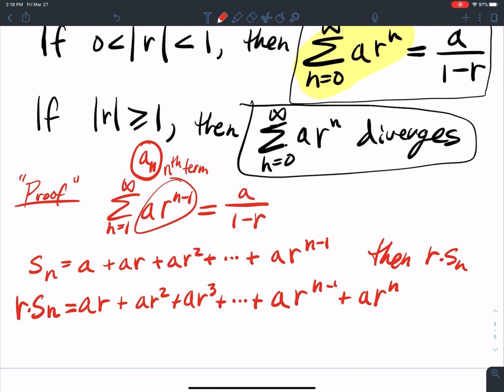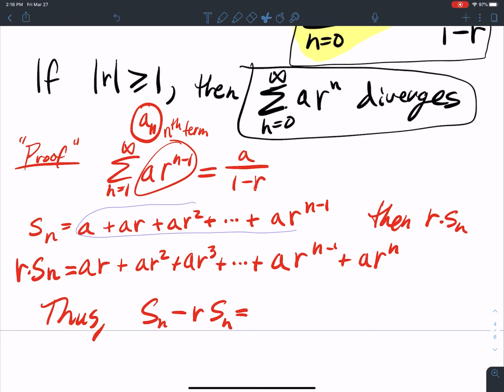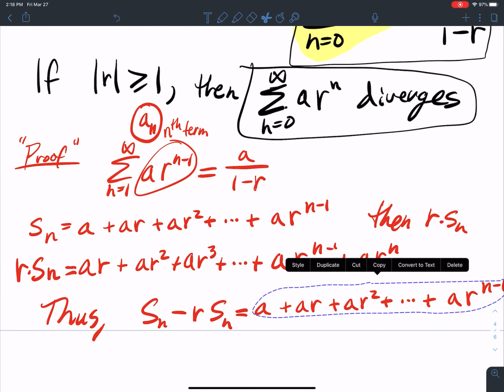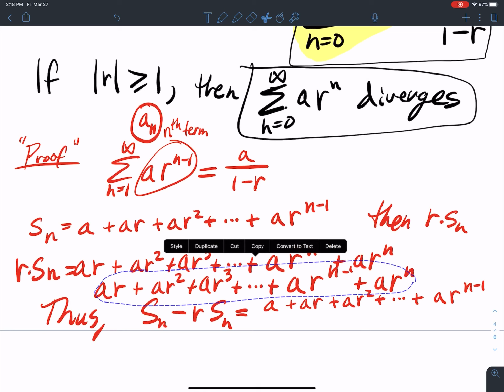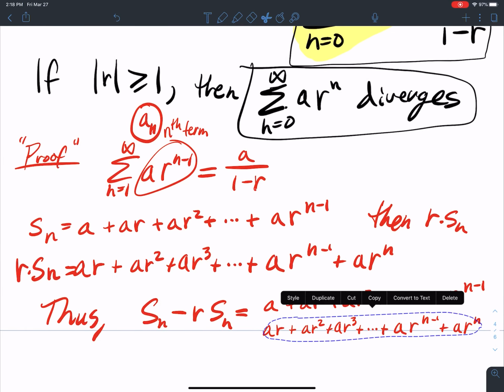Now, if I take these two partial sums and I do s sub n minus r times s sub n, what do I get? Let me copy and paste this here so I can save some time. You're going to have to rewrite it, unfortunately, but you know what? Life's tough.